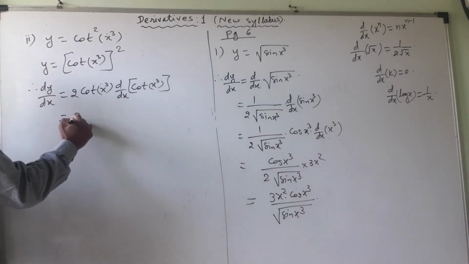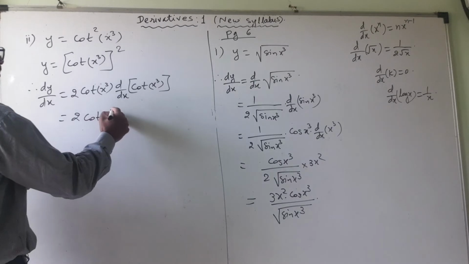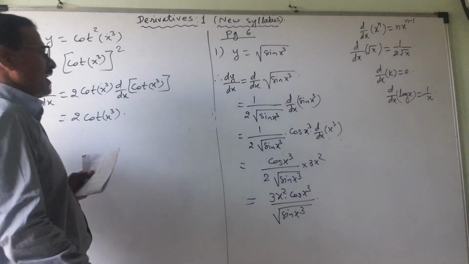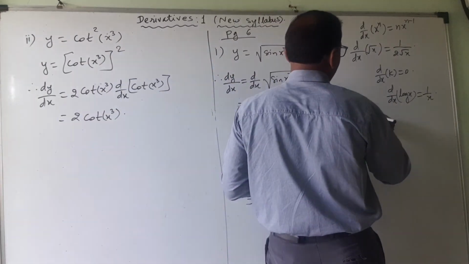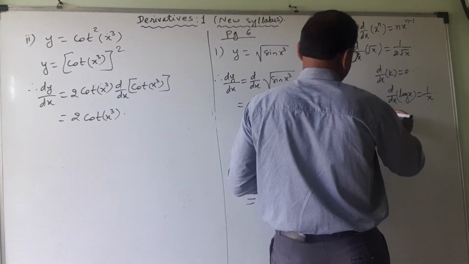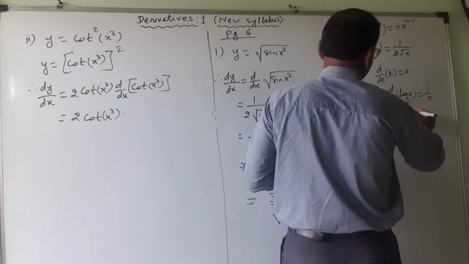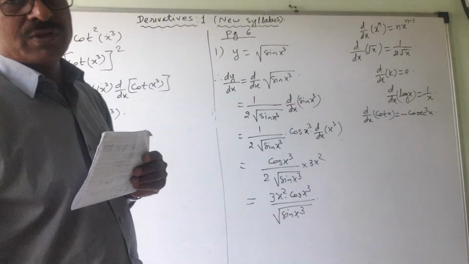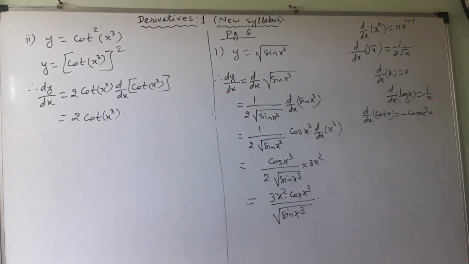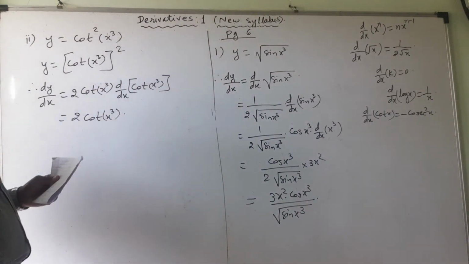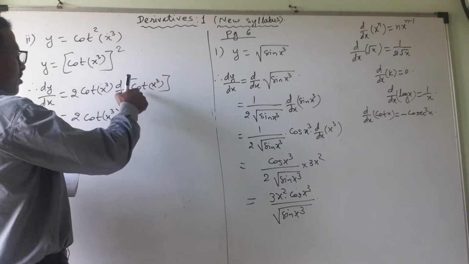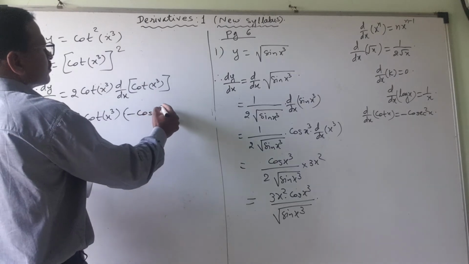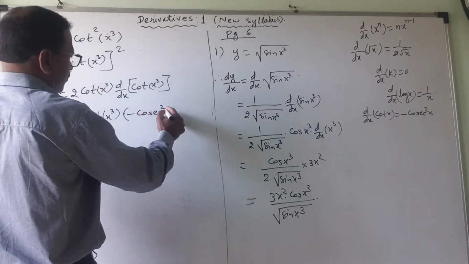That is equal to 2 cot of x cube into derivative of cot, which is minus cosec square x. D by dx of cot x is equal to minus cosec square x. See in the first video on derivative, introduction of the formula, in that I have given everything. So derivative of cot is minus cosec square, angle is x cube.